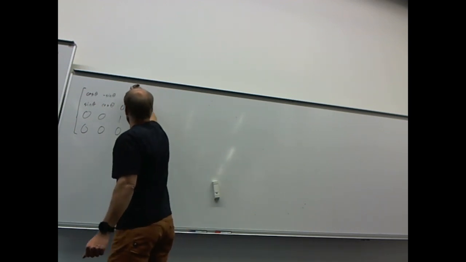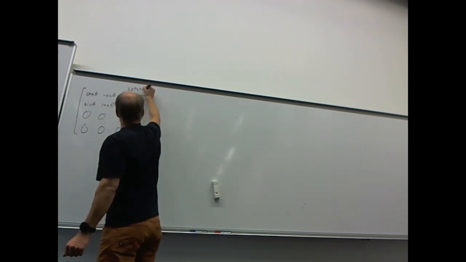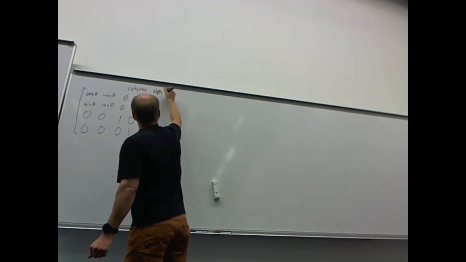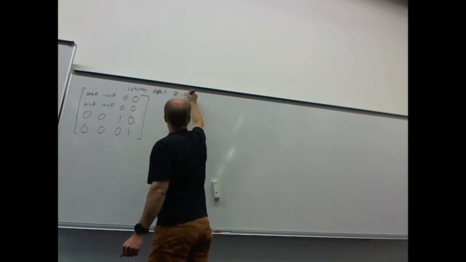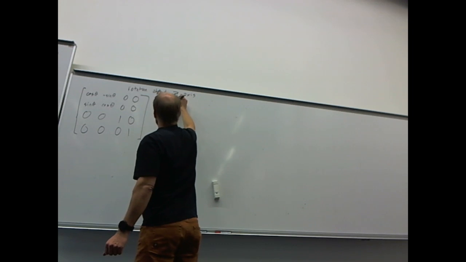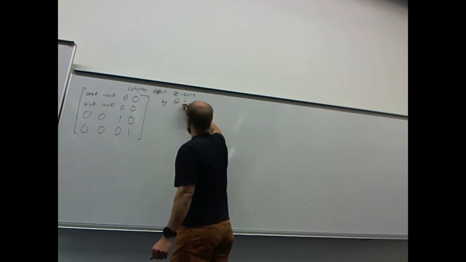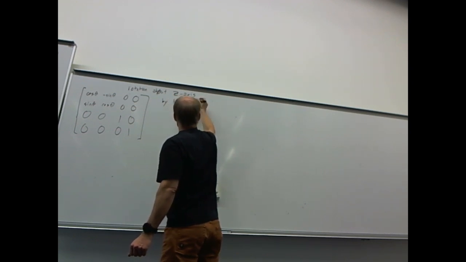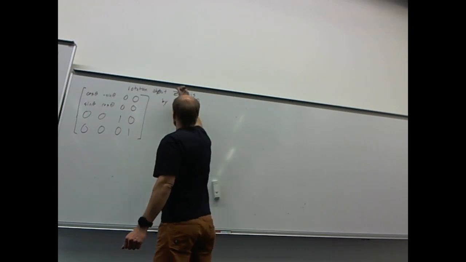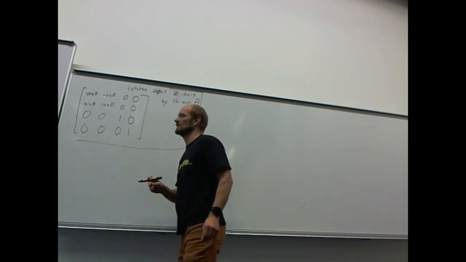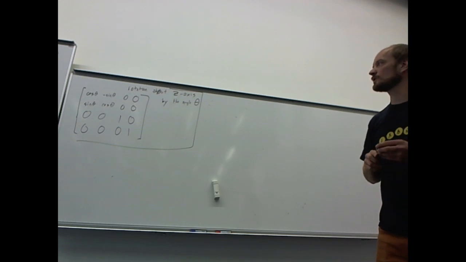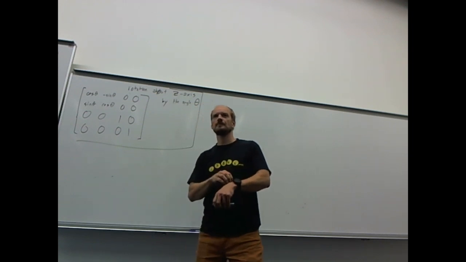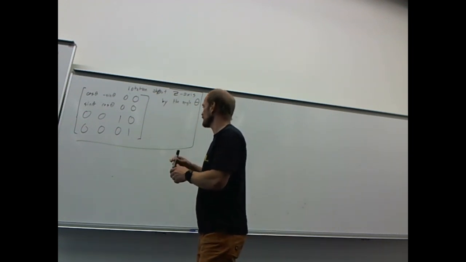And I'm going to say this is rotation about x-axis, no, z-axis, by theta degrees, or by the angle theta. Doesn't matter if it's degrees or radians. So this is rotation about the z-axis. How can we imagine that a rotation about the z-axis would look?